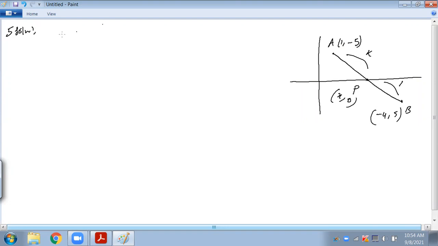Okay, so you have to find the ratio in which the x-axis is dividing the line segment joining these 2 points.